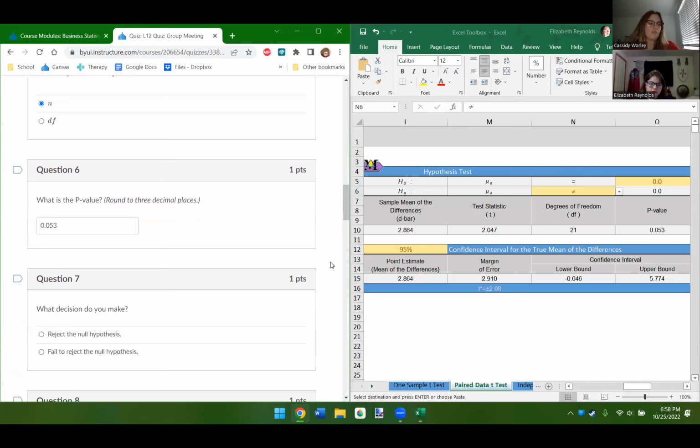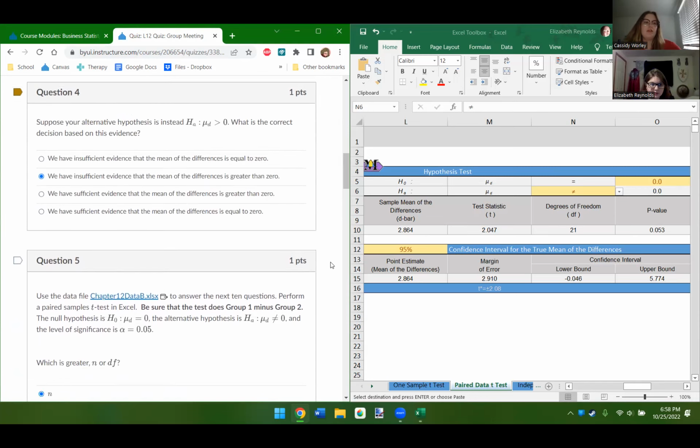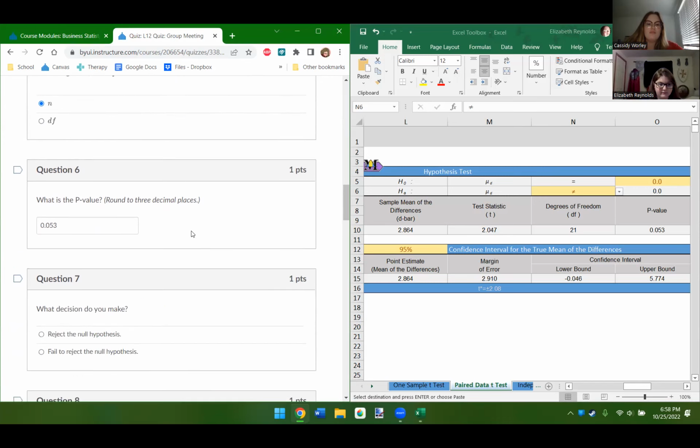Okay, so the p-value is slightly bigger. Yeah, only slightly, but yes, bigger. So because it's greater than, I think we fail to reject.